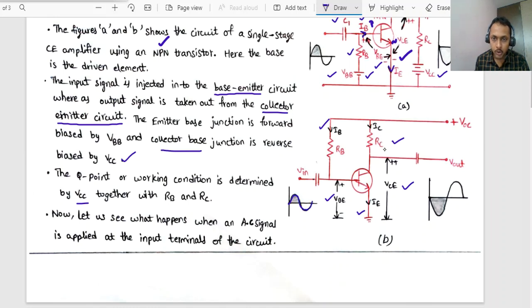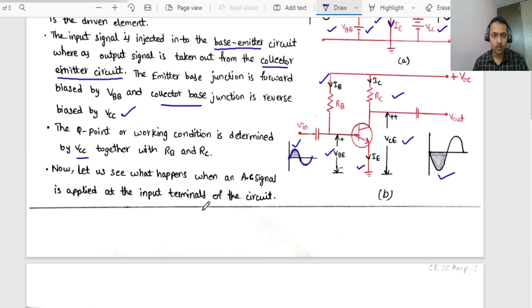For a given positive peak input, you get a negative peak output. So for a positive signal you get a negative signal as output in the common emitter configuration, as we can observe here.